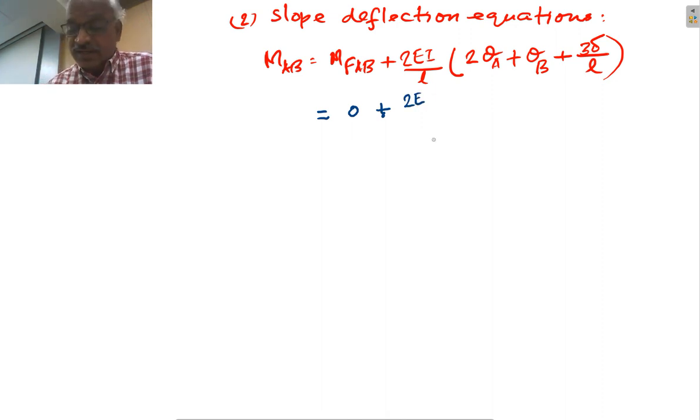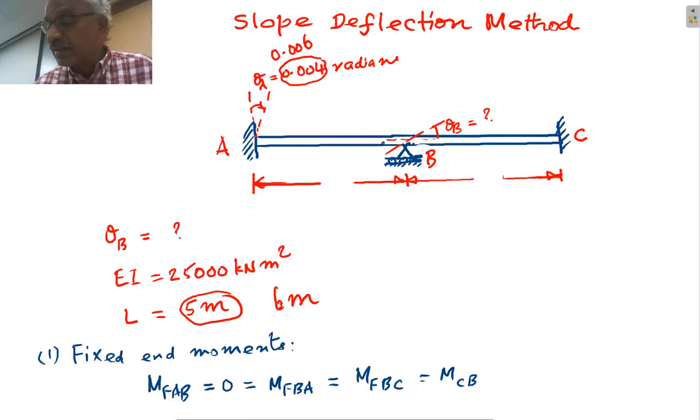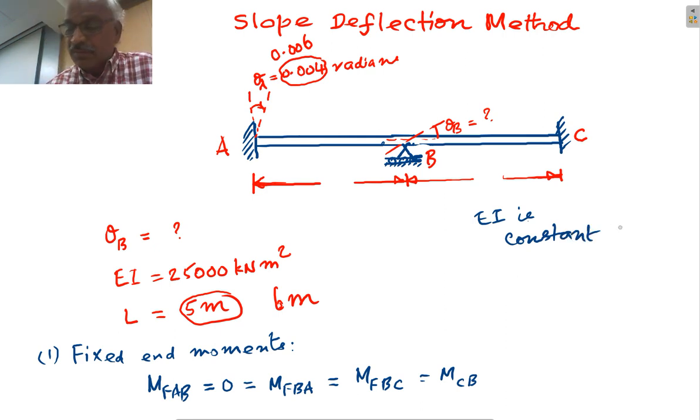EI is constant in the given problem, and in the given question this is given as L. Now we are taking L equal to 6 meters in the place of 5 meters.